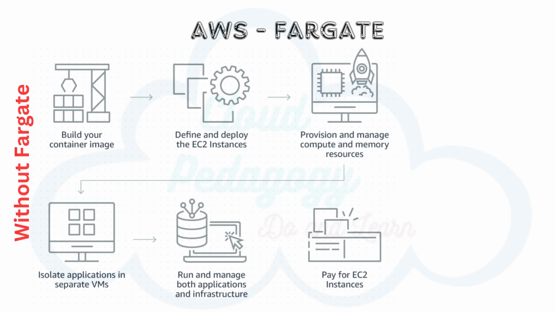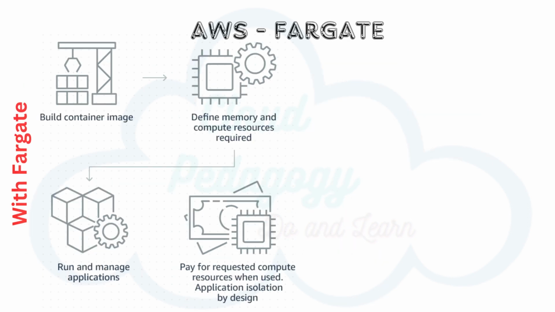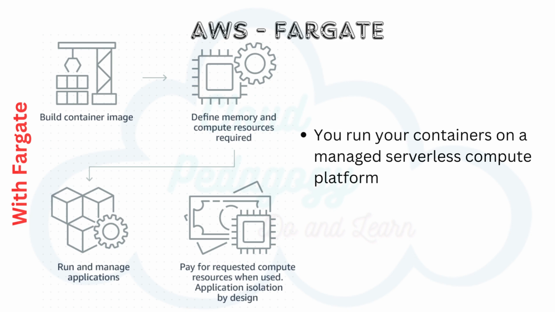Previously, you learned that ECS and EKS run on clusters of EC2 instances. And in that case, you are using EC2 as the compute platform for your containers, and you also have tight control over those instances.